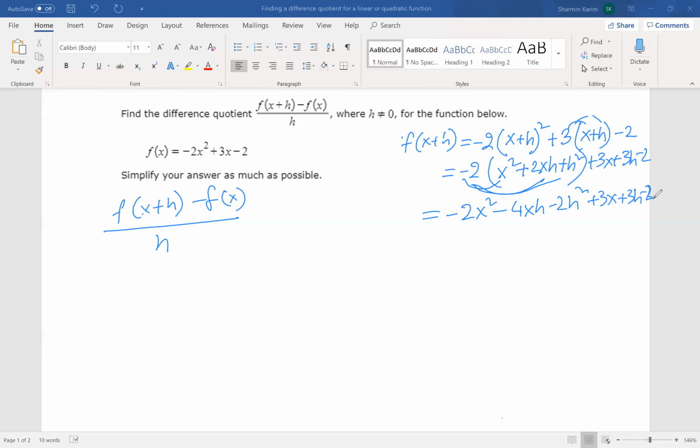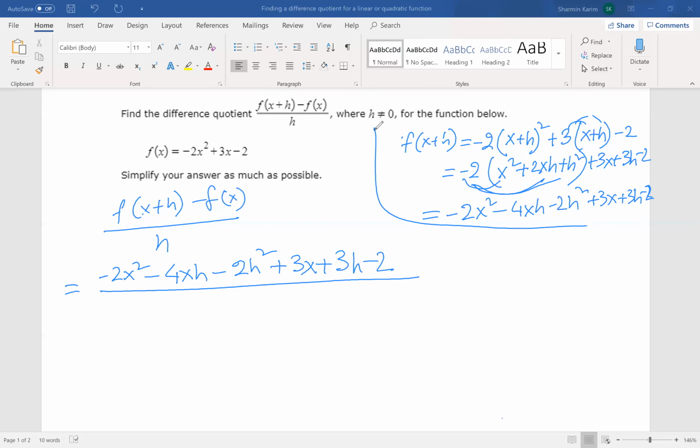So I can cut and paste this here. So I have negative 2x squared minus 4xh minus 2h squared plus 3x plus 3h minus 2.